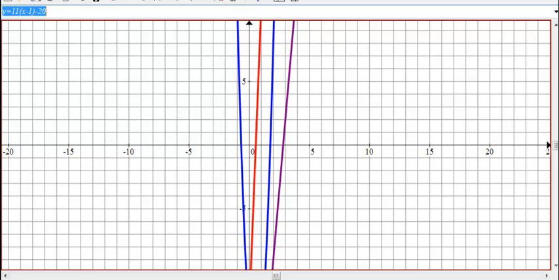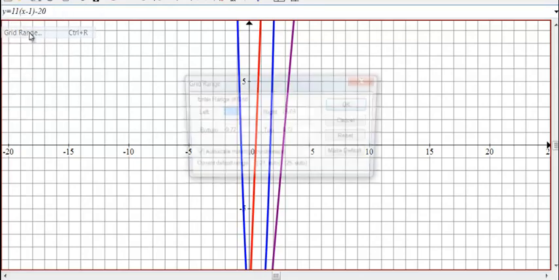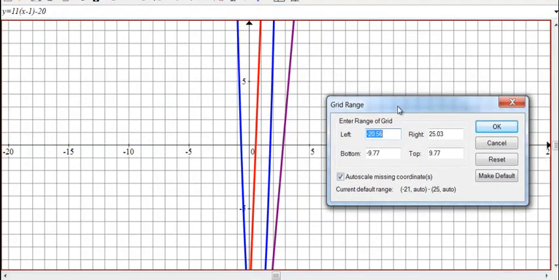So let's go to our grid range. This is like the x min, x max, y min, and y max on your calculator. So let's come in a little bit on the x's. This is not going to be a square scale. But let's see what happens with the y's. So let's go down to negative 30 to 30 and just see what happens.